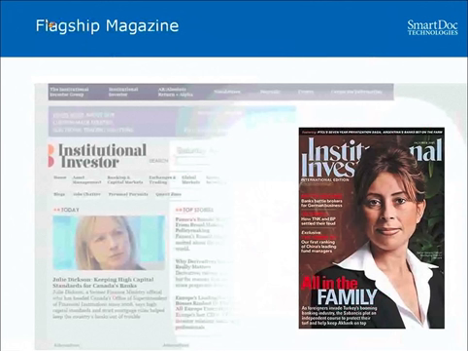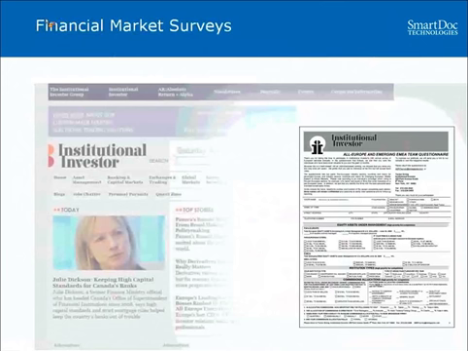Most notably, their flagship magazine, Institutional Investor. Now, Institutional Investor conducts many surveys of international finance about 6 times a year. So they give a very rich view of what's going on in the financial business. And they've been conducting these surveys really for generations.